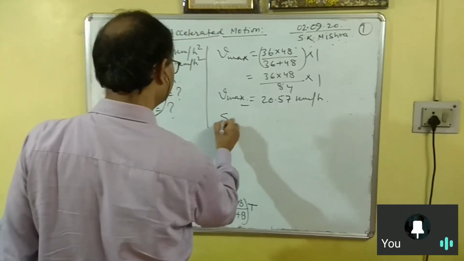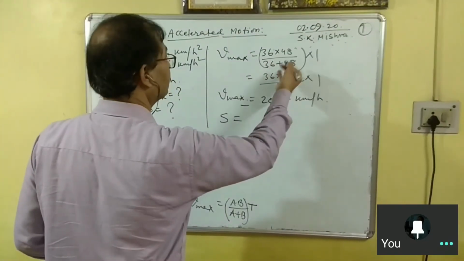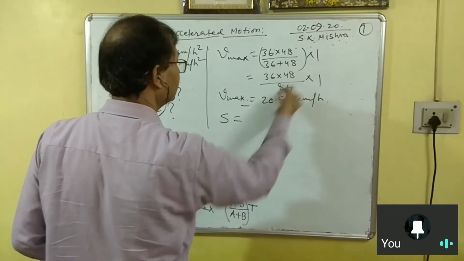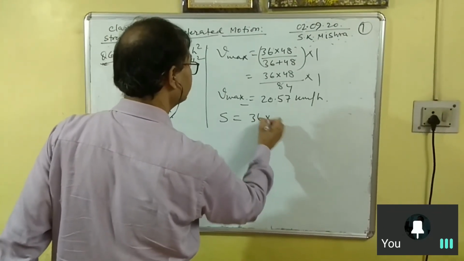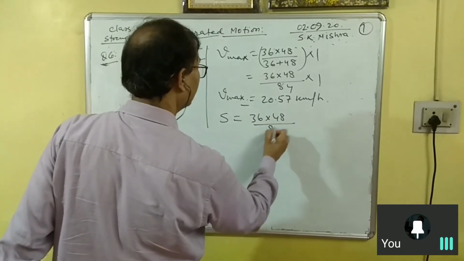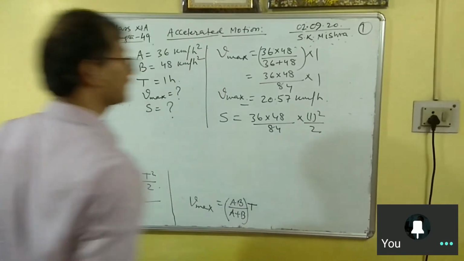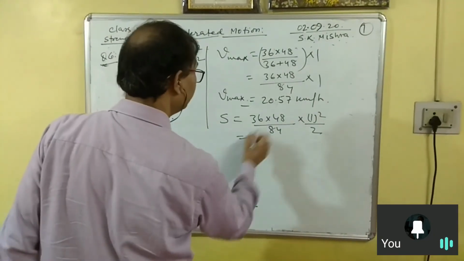And now you want to find S, the total distance covered. Again the same thing. I am writing directly 36 into 48 by 84 into t square, that is 1 square, by 2. So it will be half of this.